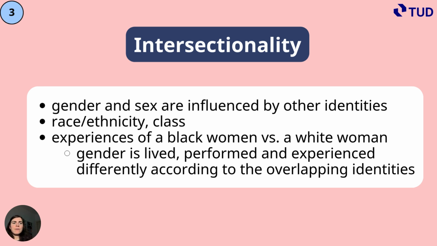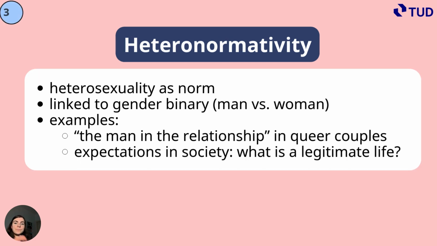This is just a very short answer to what intersectionality is, and I could of course go much more deeply into that, but because of time reasons, I really try to limit myself here. If you want to look it up, just Google it and really go for it, because it's very interesting.